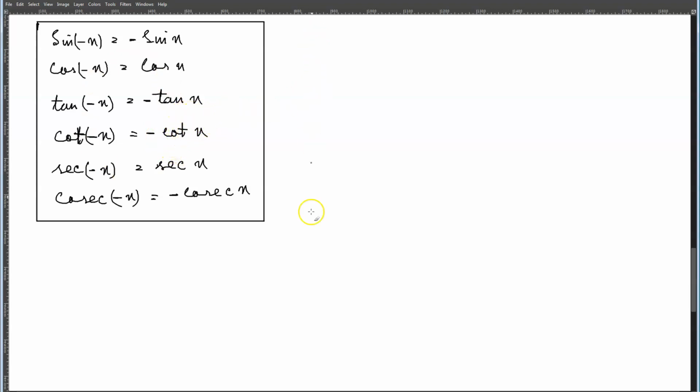Moreover, we had 4 formulas related to sine and cos of x plus y, x minus y. So we started with cos of x plus y, which was cos x cos y minus sine x sine y.